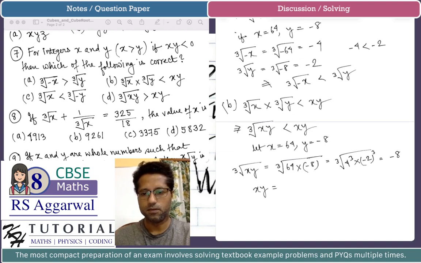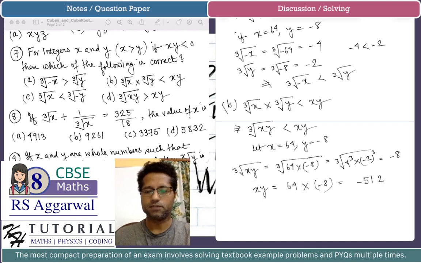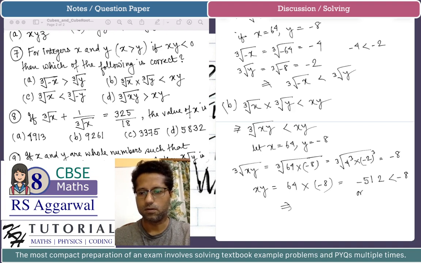x into y will be 64 multiplied by minus 8. This is equal to minus 512. Now clearly we can see that minus 512 is less than minus 8. So minus 8 is greater than minus 512. So this implies that cube root of xy is greater than xy.